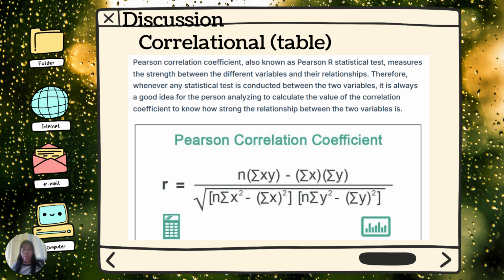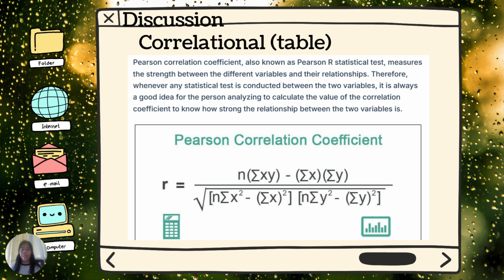It's in this formula where r equals n times the summation of xy minus the summation of x multiplied by the summation of y, over the square root of n times the summation of x squared minus the summation of x, squared, and n times the summation of y squared minus the summation of y, squared. I may not be able to describe this as clearly as I can, because I have only limited knowledge of this kind of computation.